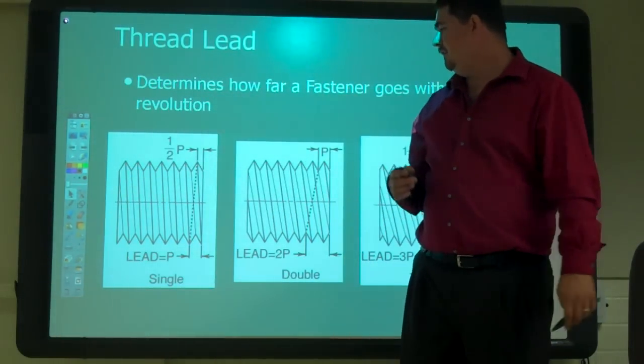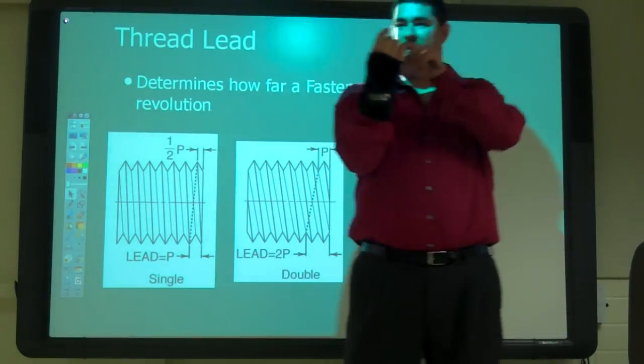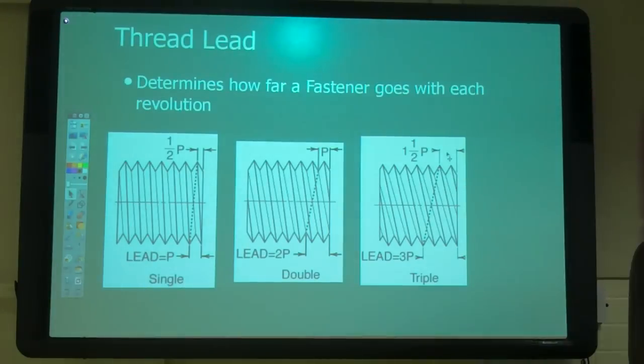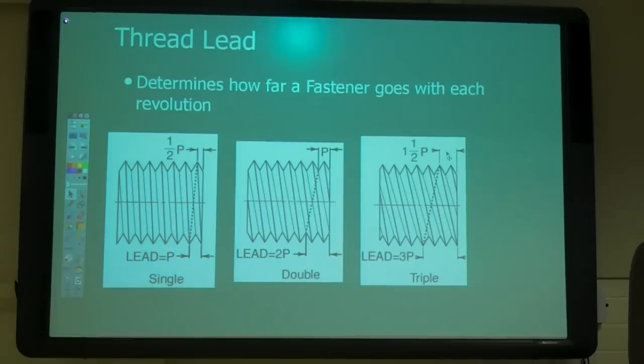A way to tell if it's multiple lead is that at the end of it, how many times does it start? So if you come over here, going on a field trip.